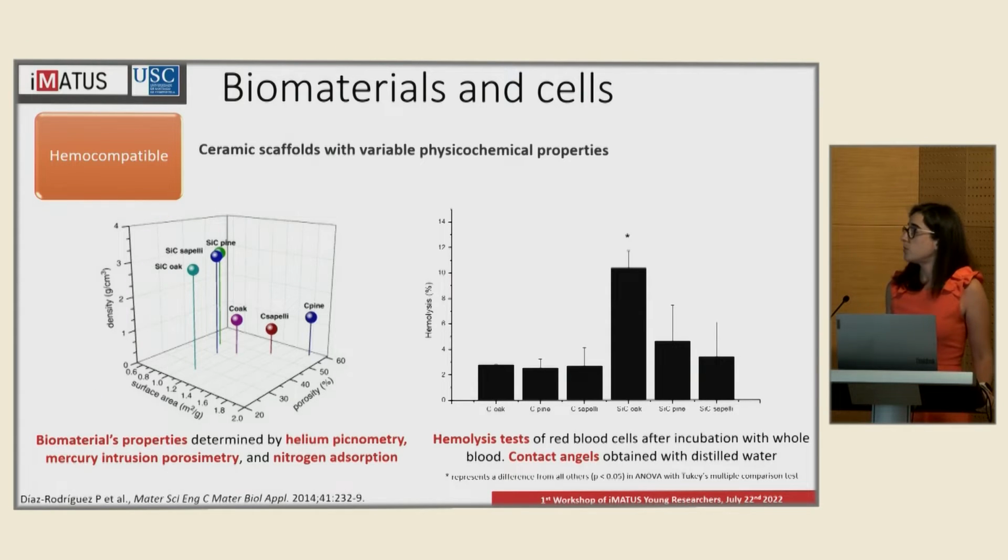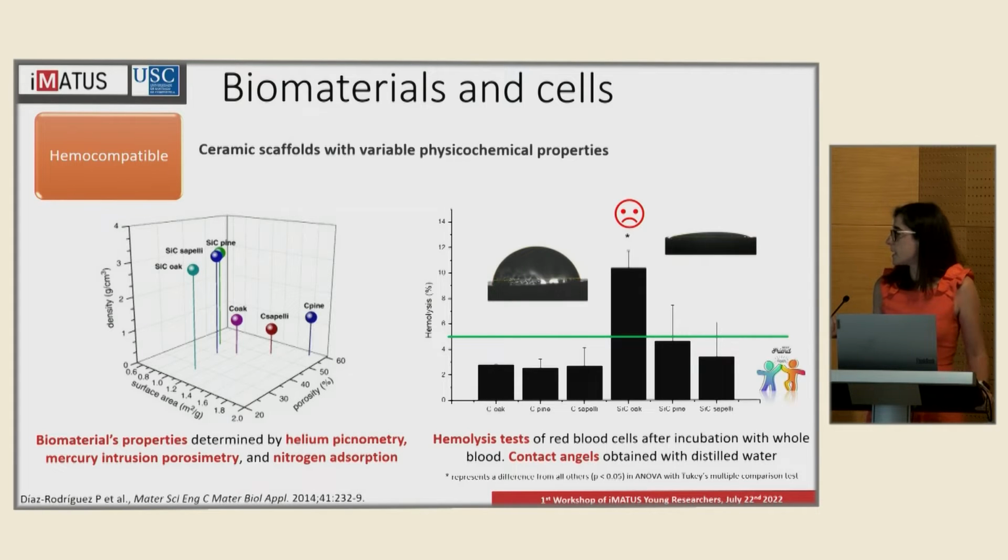Then we checked the hemolysis. We tested our samples with whole blood and checked how much hemolysis was caused. What we saw was a high amount of hemolysis for one of the samples. It is really high, because the hemolysis limit should not exceed 5%. So we have a sample with a really high amount.